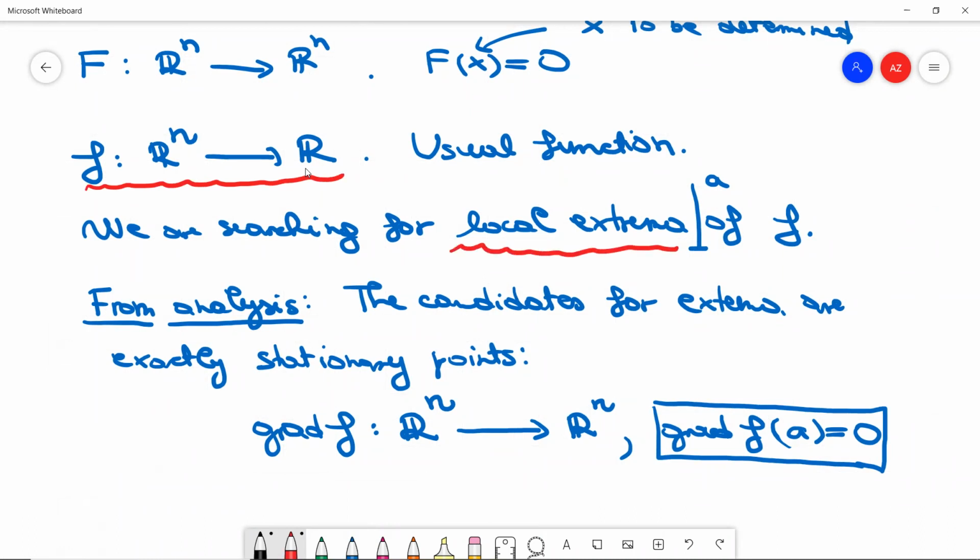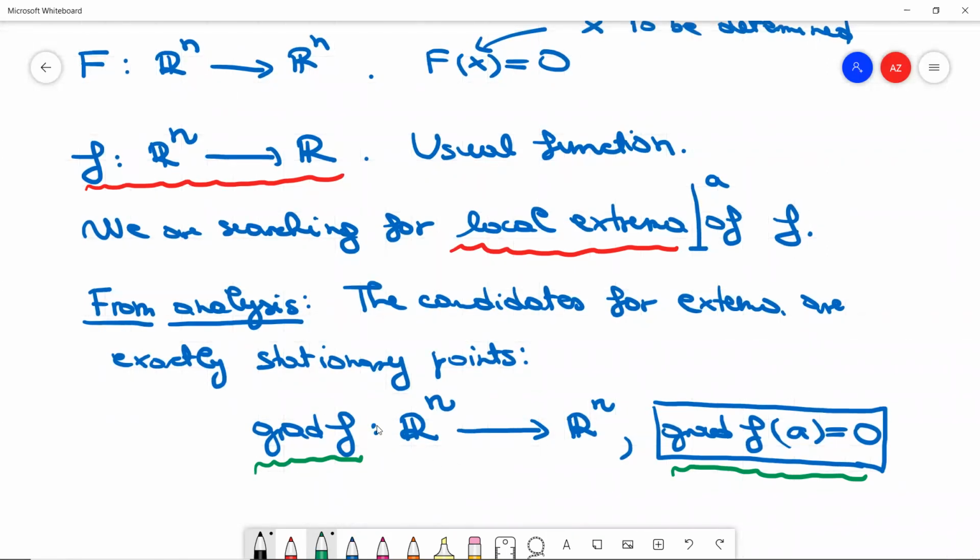And now we transform this problem into searching zeros of the gradient. Those problems are not equivalent, but we know that if A is an extremum of F, then it should be a 0 of the gradient. So not every 0 of the gradient is an extremum of F, but if A is an extremum of F, then it should be a 0 of the gradient.